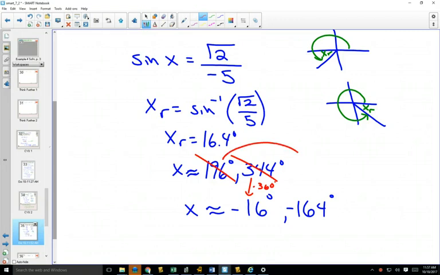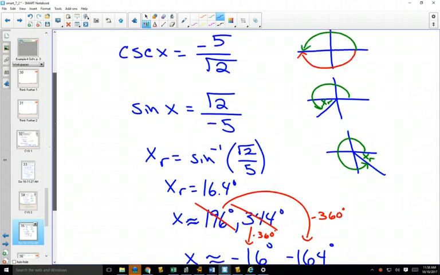And if you took 196 and subtracted 360 degrees, you would get negative 164. So there's another way you can figure out which ones are going to be coterminal. Again, coterminal angles, you can add or subtract 360 degrees as many times as you'd like, until you get answers in the domain that you're looking for.